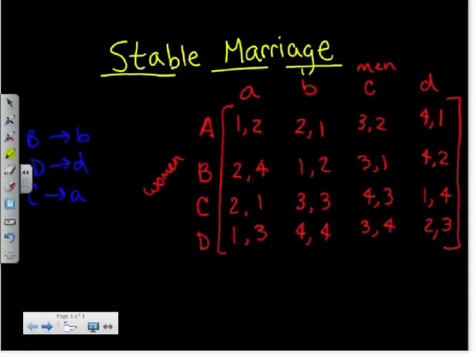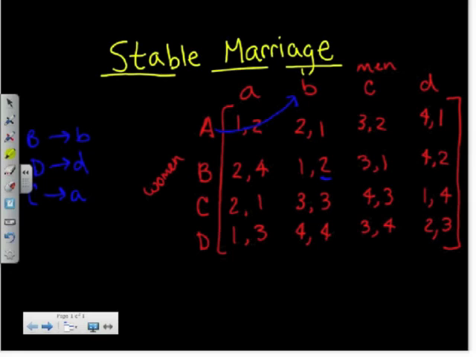Now that woman A has been rejected, we have to do the process again with her. She is going to propose to her favorite man of those who haven't rejected her. She's only been rejected by lowercase a, so now she's going to propose to her next favorite, which is lowercase b. And lowercase b is currently tentatively engaged to uppercase B. So we have to look at both the rankings of those.